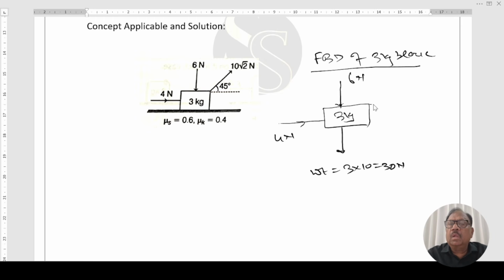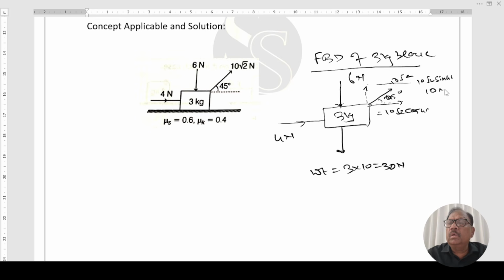Another force, 10 root 2 Newton at 45 degrees. This will have components 10 root 2 cos 45 and 10 root 2 sin 45.